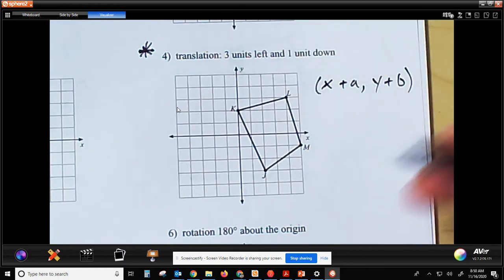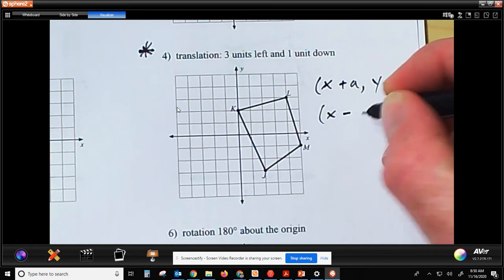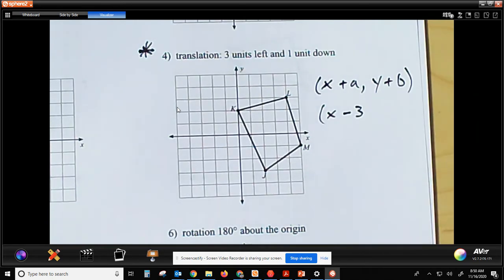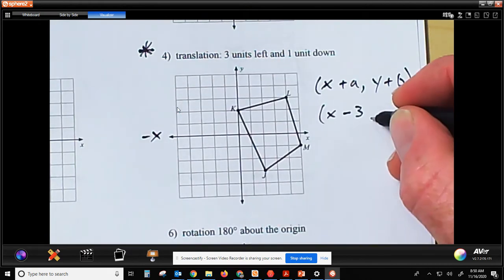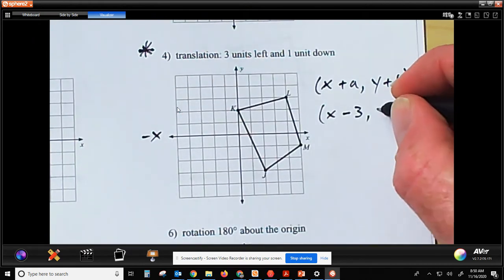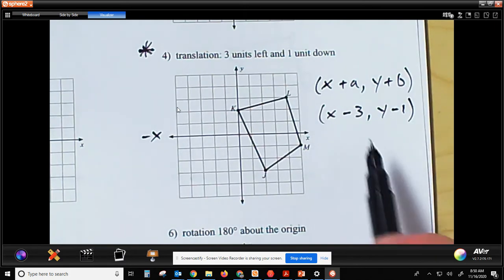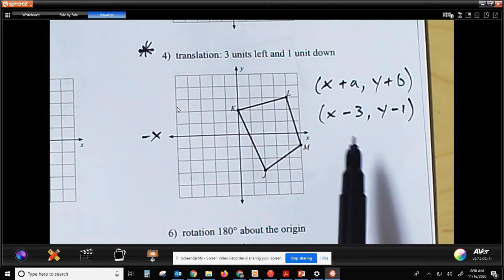So left in the coordinate plane is a negative, x minus 3. This is my negative x direction. And down in the coordinate plane is y minus 1. So we've kind of boiled down the directions for each of these points.